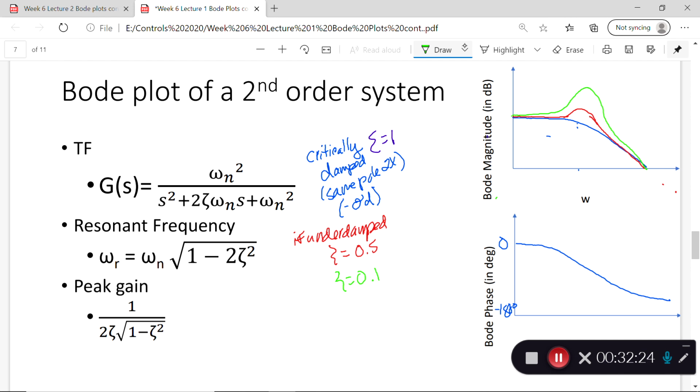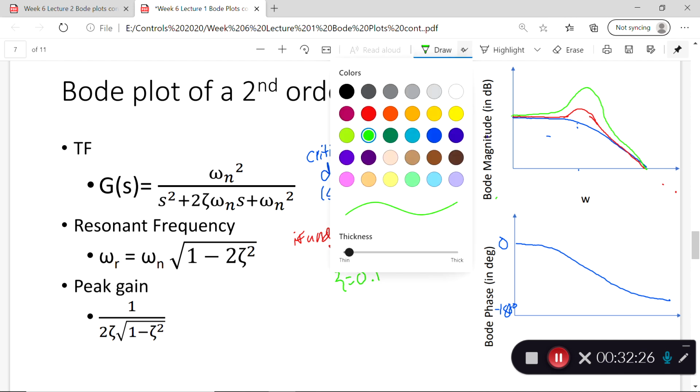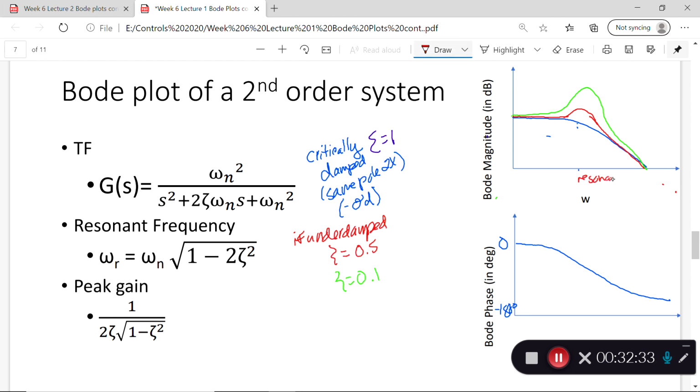What will these humps correspond to? They correspond to what's called the resonant frequency of your system. It's the frequency at which it really wants to oscillate.